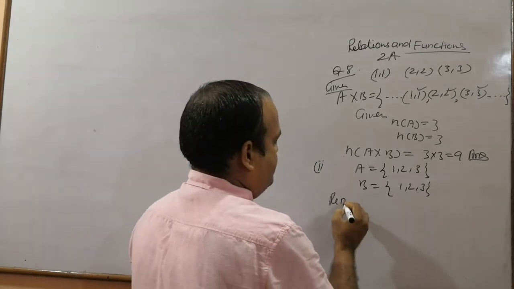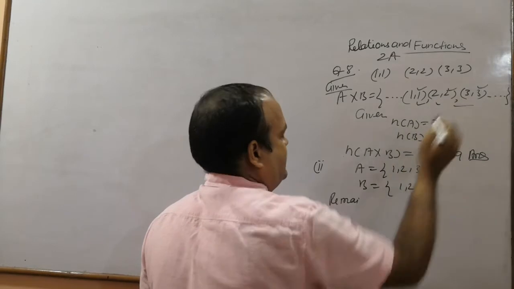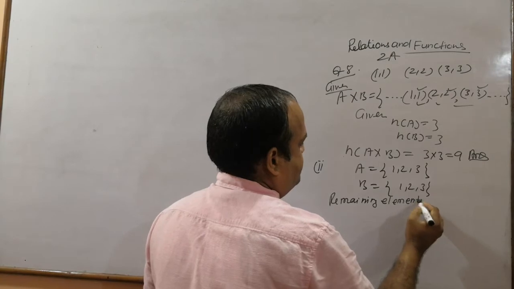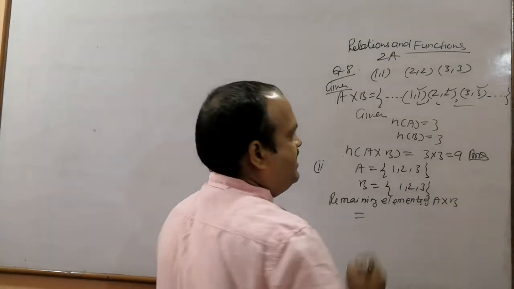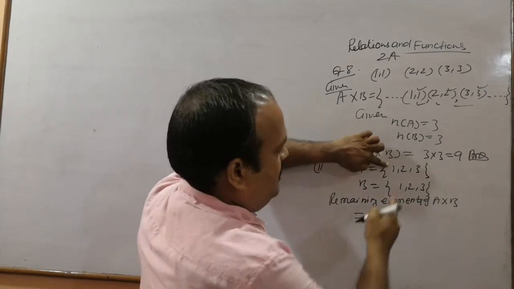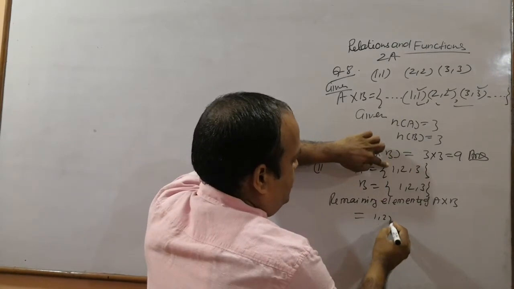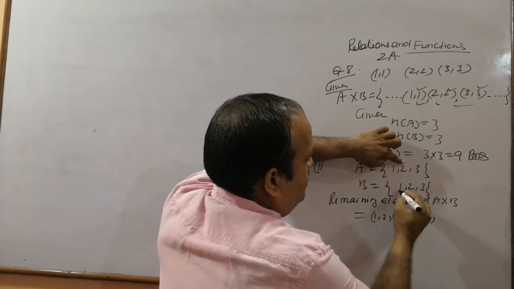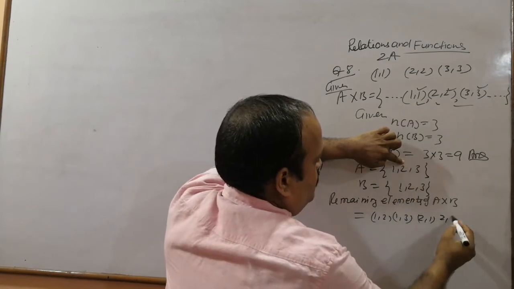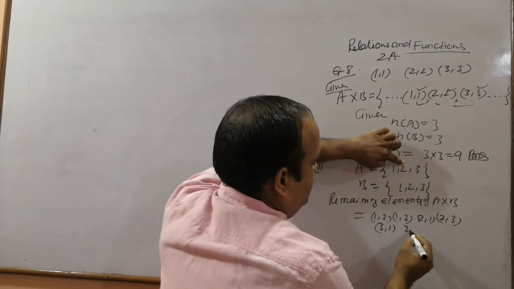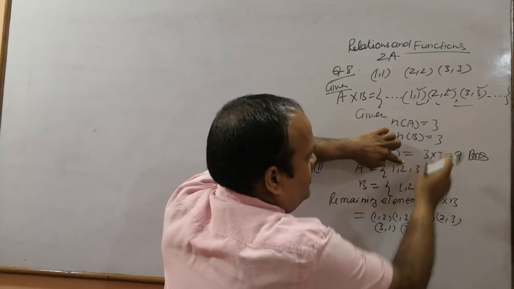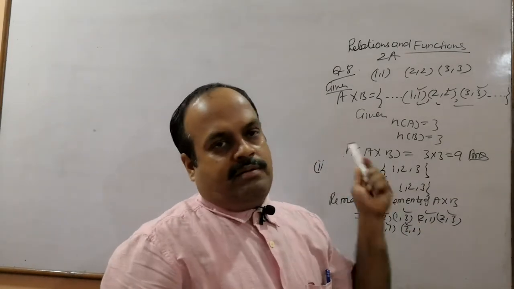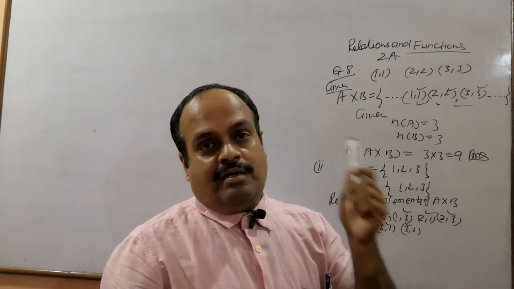So the remaining elements of A cross B, other than these 3, will be: starting with 1, (1,1) we have written there, (1,2), (1,3); starting with 2, (2,1), (2,2) written there, (2,3); (3,1), (3,2), (3,3) written there. So these are the remaining 6 elements of A cross B in the form of ordered pairs.